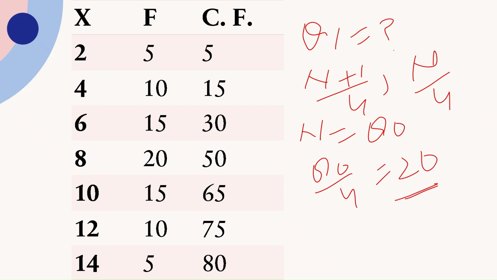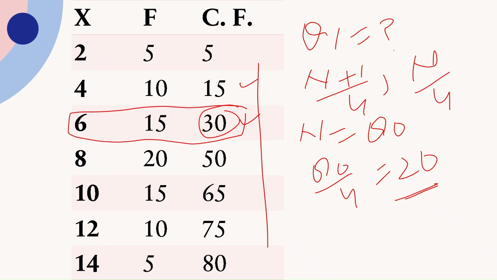Now you have to find this 20 in the cumulative frequency. This 15 means up to 15, this 30 means up to 30, so the 20 comes in this class. Select this class. The value selected in X is Q1. So Q1 is 6.